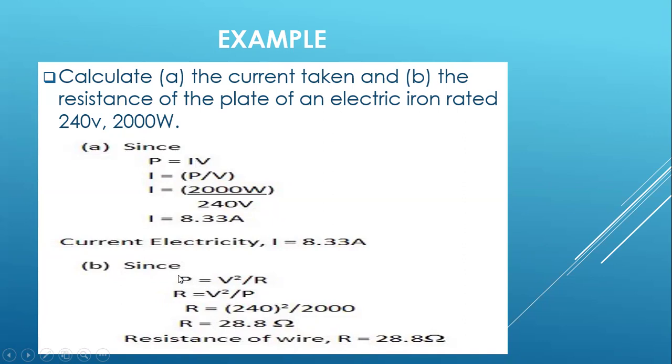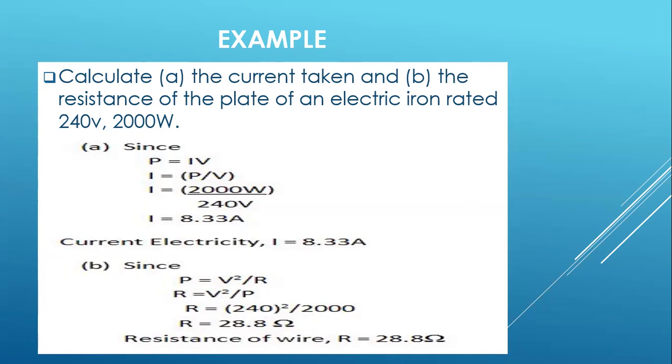So we've derived that power is equal to V square upon R. Now you make R the subject, so you multiply by R both sides, and you get that R is equal to V square upon P, that is the power. So just substitute the values: the resistance is equal to 240 square divided by 2000. So R, the resistance of the wire, is 28.8 ohms. I hope it's clear.